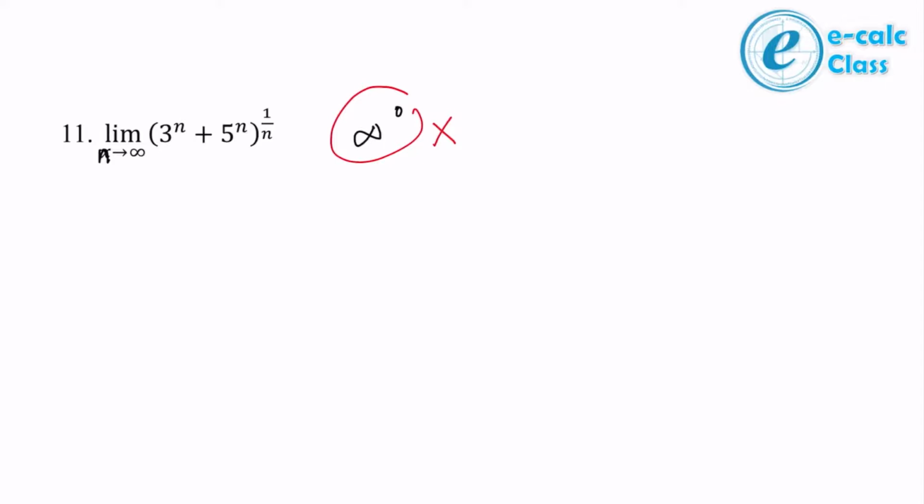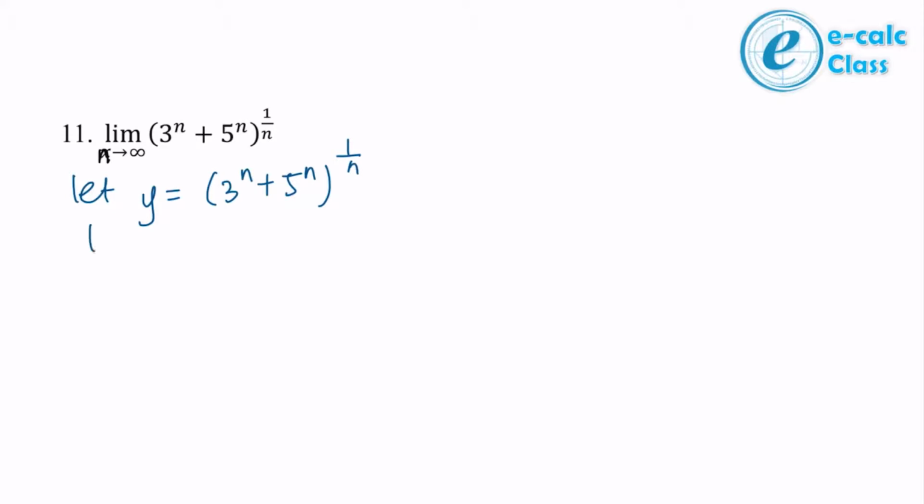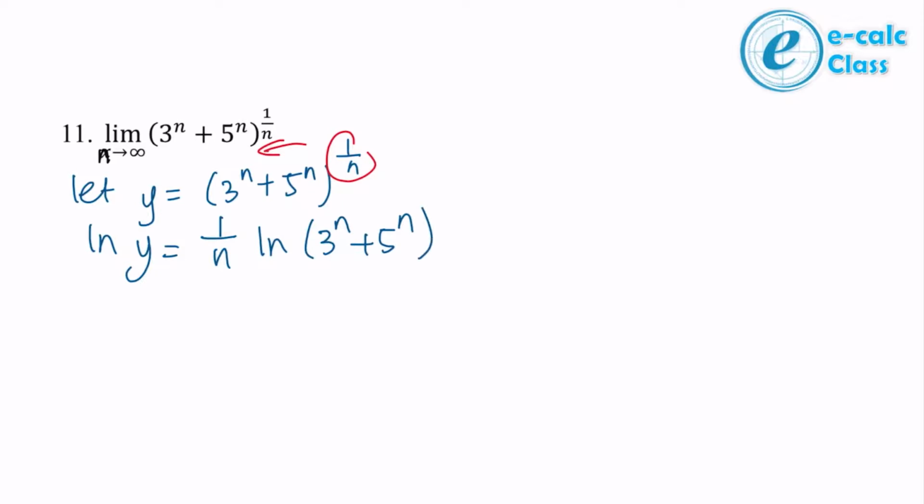Whenever you have a very weird power on top, I told you, just introduce another fella, y, be this fella here, 3 to the n plus 5 to the n, to the power 1 over n, so that you can take natural log on both sides and you can bring down the power. So it should be 1 over n ln of 3 to the n plus 5 to the n.